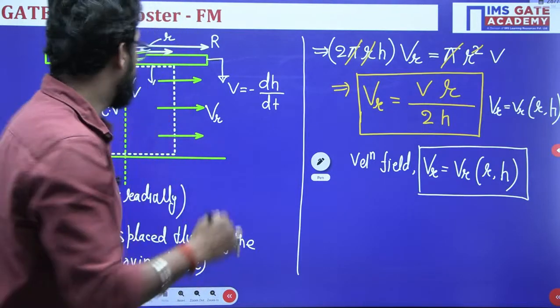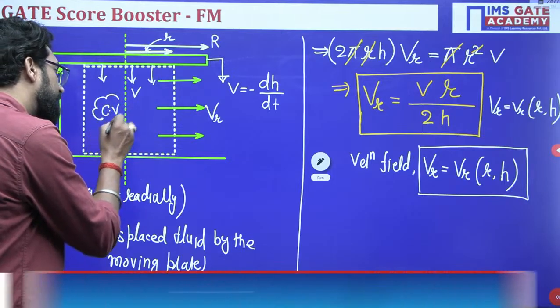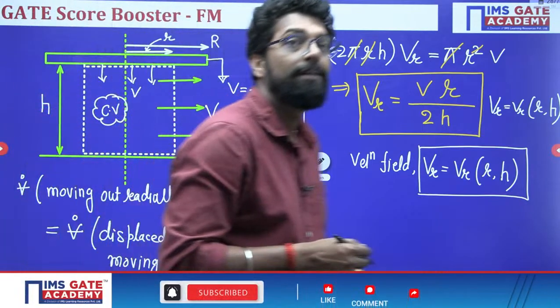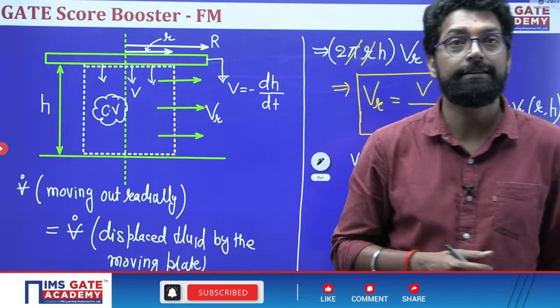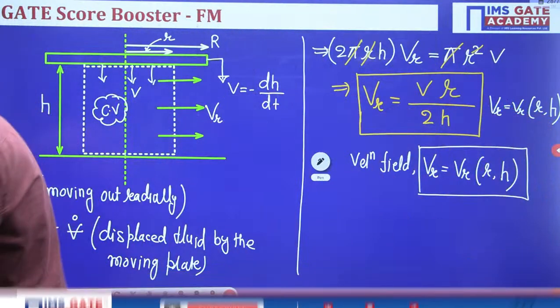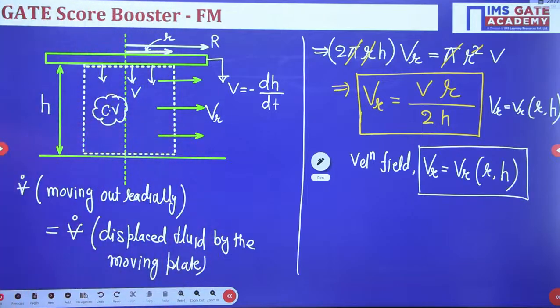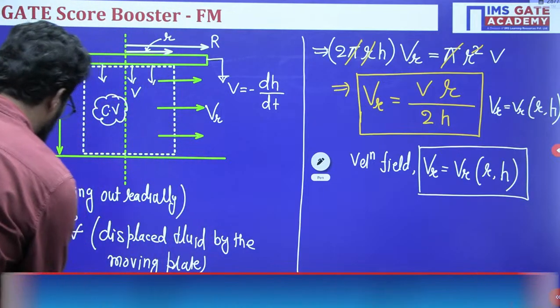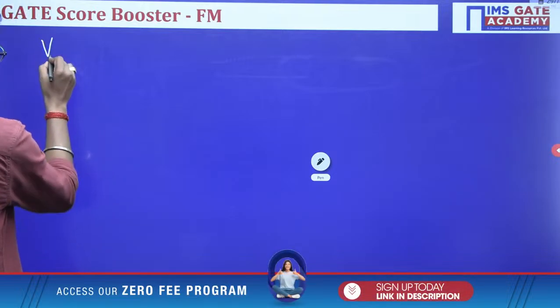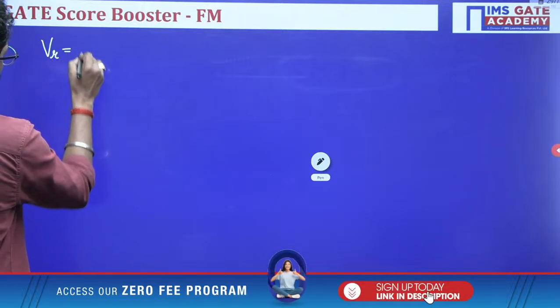Eulerian approach is a control volume analysis. Lagrangian approach is control mass analysis.